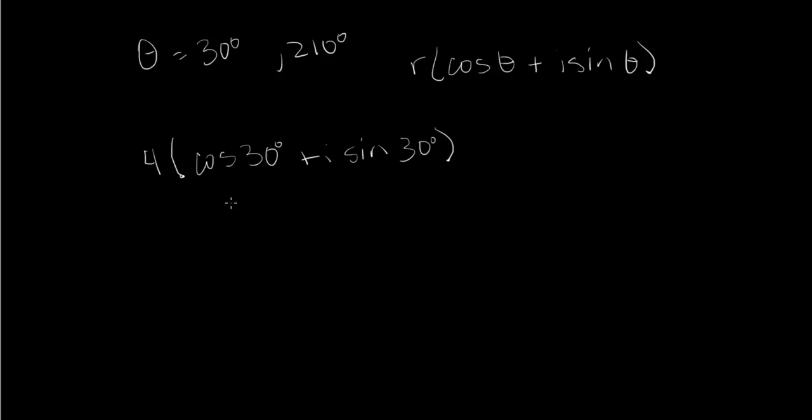My third quadrant looks like this. Negative 4 times cosine of 210 plus i sine 210. If you look at cosine of 210 degrees, even though tangent was positive in third quadrant, cosine and sine are both negative in third quadrant.